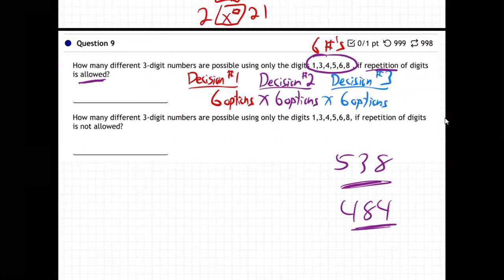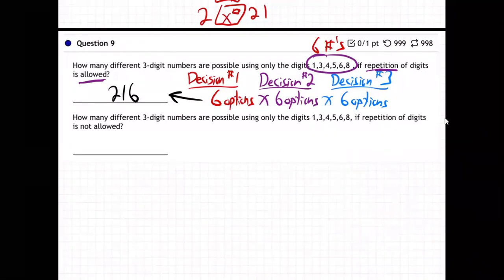Multiply those together on your calculator: 6 times 6 times 6 is 216. So there are 216 different three-digit numbers where you can repeat digits.